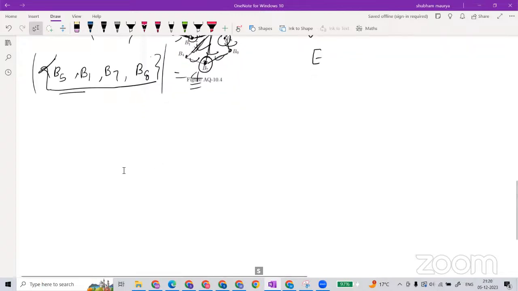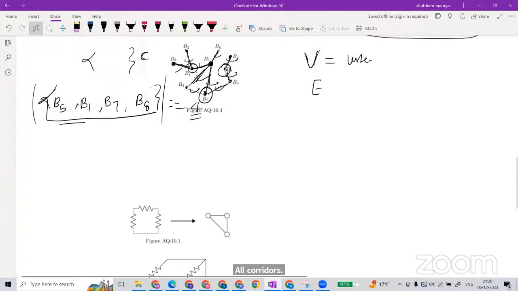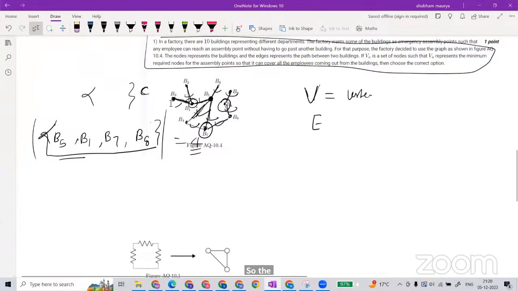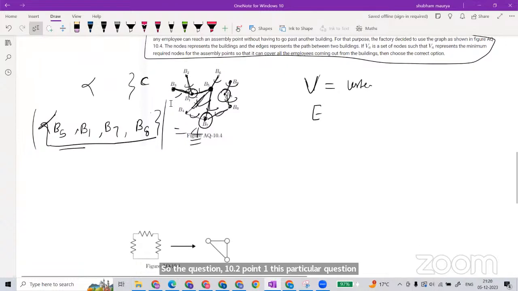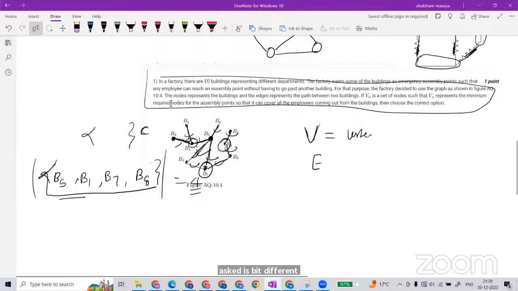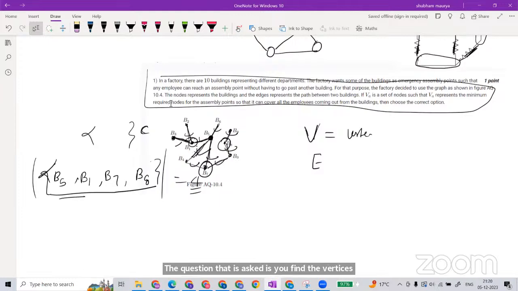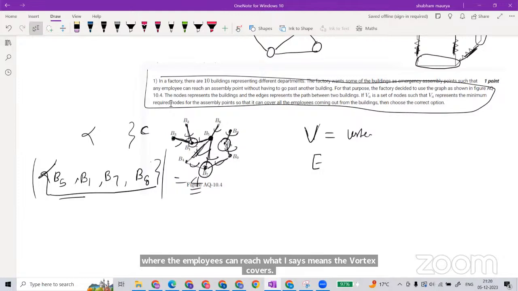For question 10.2.1, the answer you mentioned is different because the question that is asked is a bit different. The question asks you to find the vertices, the vertex covers, where employees can reach. At these vertex covers they are building an emergency room or assembly unit.